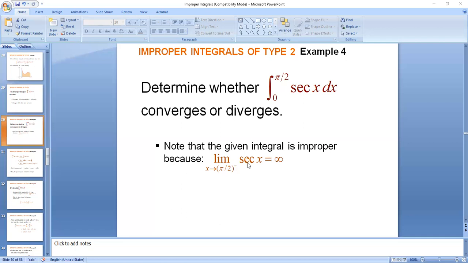So what particular angle will give you infinity for the inverse of its cosine? That particular angle is 90 degrees. Or the other way around, if you take the cosine of 90 degrees, what's the answer? Check your calculator. Cosine of 90 degrees, it's 0, right?